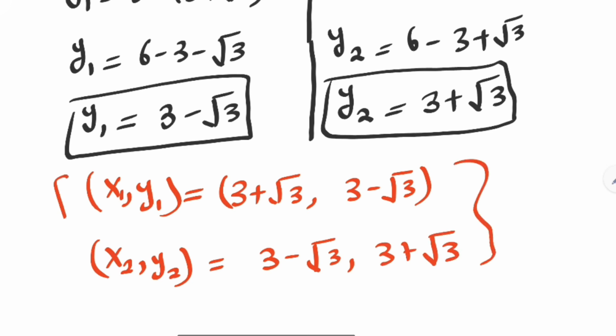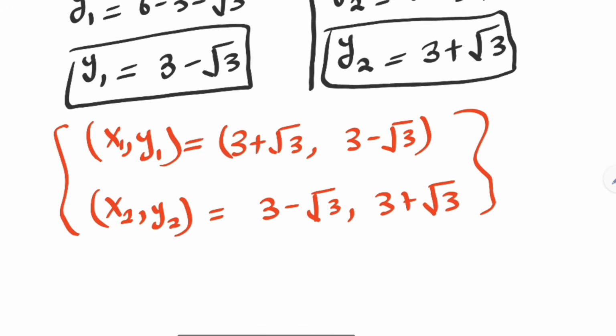These are the values of x and y. You can see that here the value of x1 is equal to the value of y2, and the value of y1 is equal to the value of x2. We may check to confirm if this answer is right or wrong.